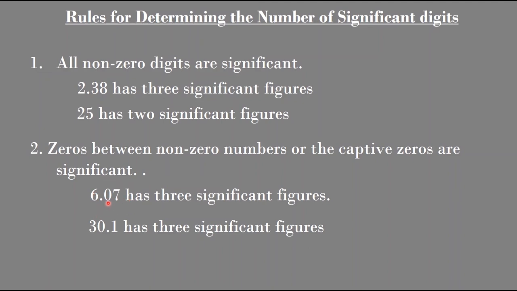So it is a captive zero, sometimes called a sandwich zero. This will always be significant. So in 6.07, we have three significant figures. The same is true for this captive zero. It is significant. So 30.1 has three significant figures.